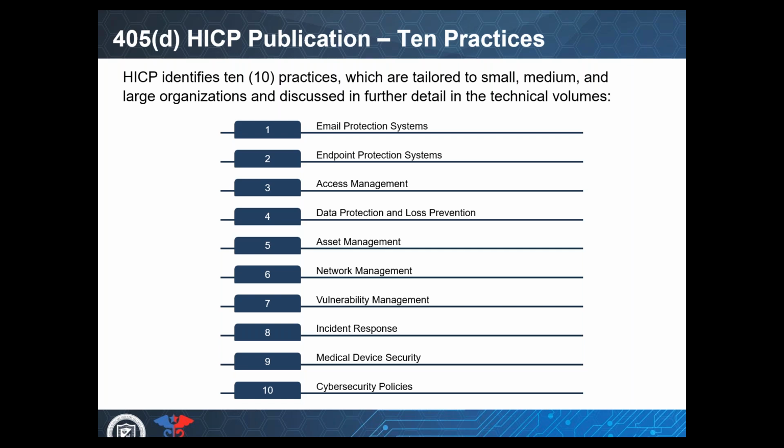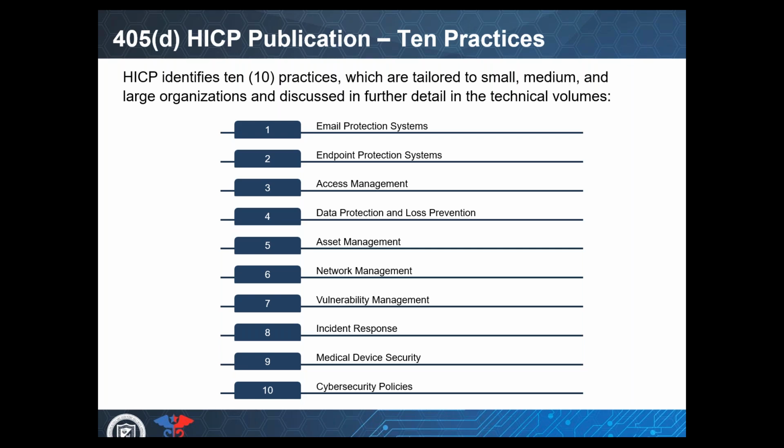The first, email protection systems. Obviously, with phishing being the threat that it is, protecting your email is practice number 1, right? You want to make sure that you have in place scanning at the very least, right? Scanning the emails that are coming into your organization, some type of spam filtering, throwing out the junk.